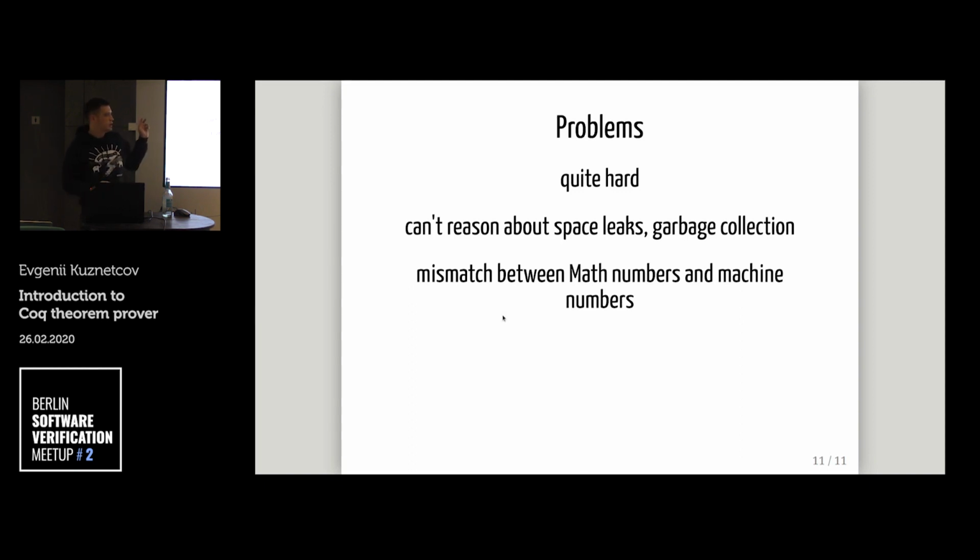For example, when people wrote this certified C compiler, they mapped natural numbers not into 4-byte or 8-byte numbers, they mapped them to those Peano numbers. And it's not surprising that for huge numbers it can just blow up at runtime.